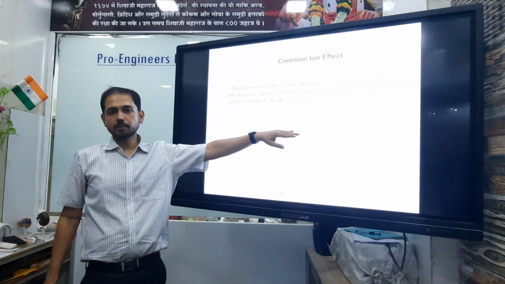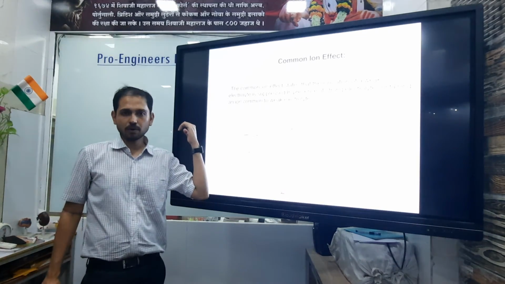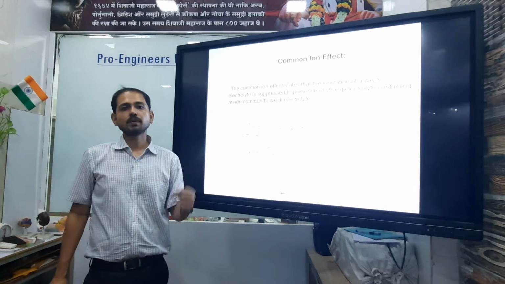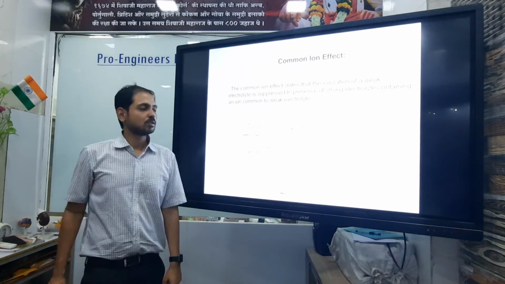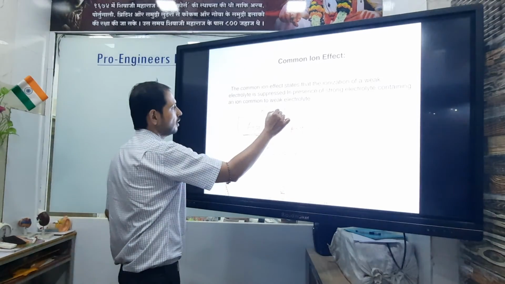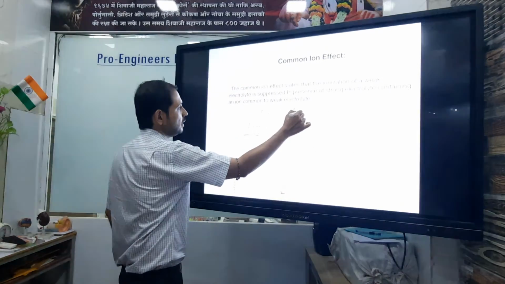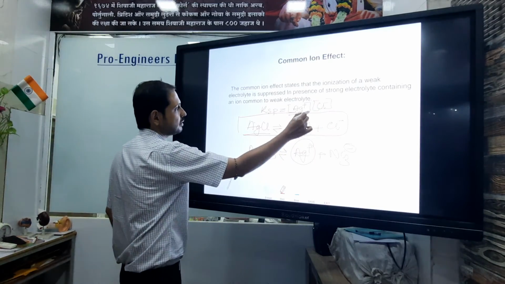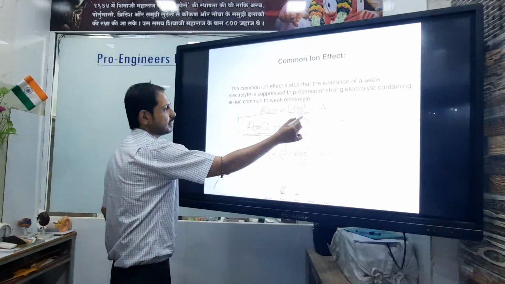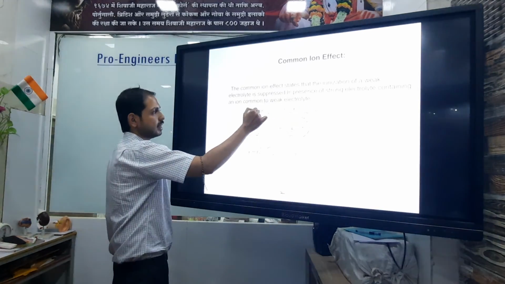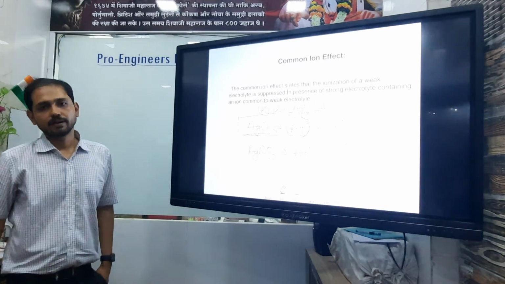According to Le Chatelier's principle, the reaction will go in the backward direction and more AgCl will form. That means the solubility of AgCl will decrease. If you express this in terms of Ksp, Ksp is the product of the concentrations of Ag+ and Cl-. More AgCl forming means the Cl- concentration will decrease.